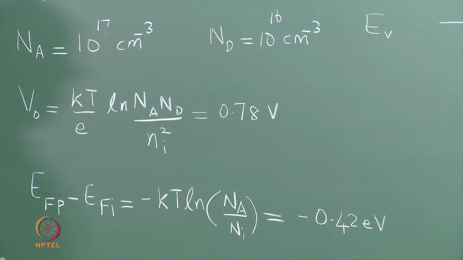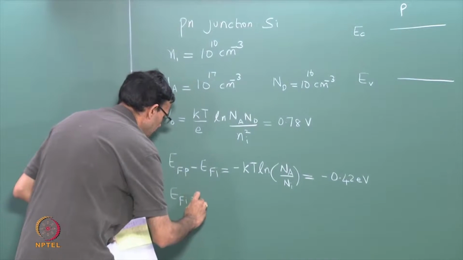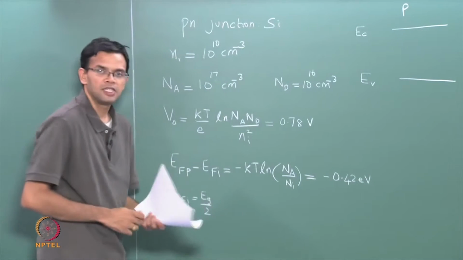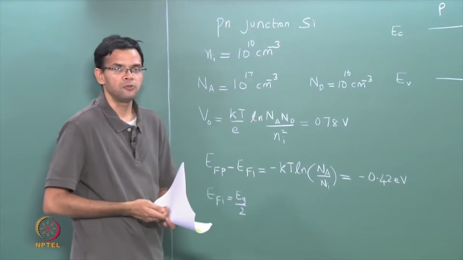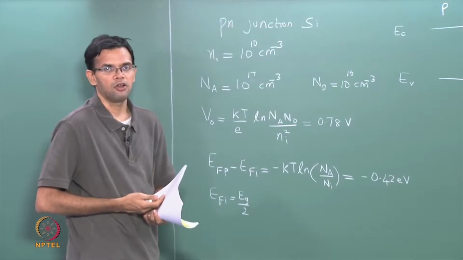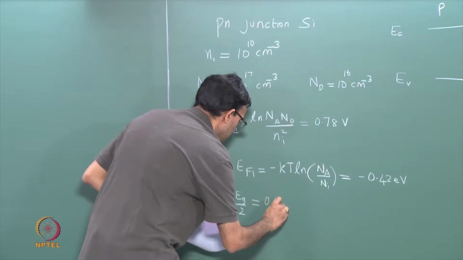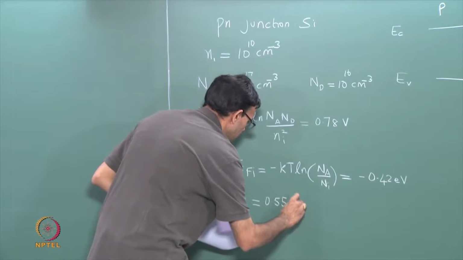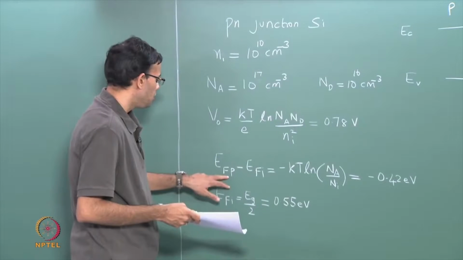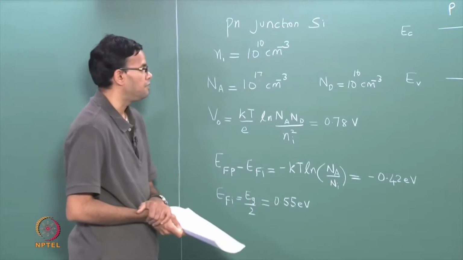So, just for simplicity, I will take the intrinsic Fermi level to be exactly at the center of the band gap. In the case of silicon, this is not entirely true, it will be slightly shifted because the effective masses are not the same, but for all practical purposes it is very close to the center of the band gap. So, EFI is 0.55. So, EFP we can get by substituting the value of EFI.